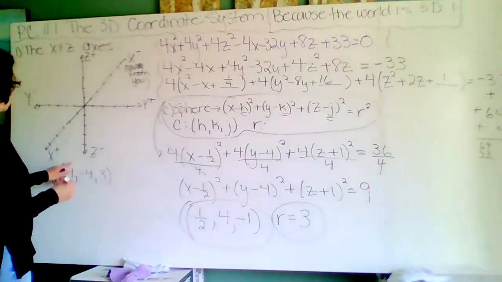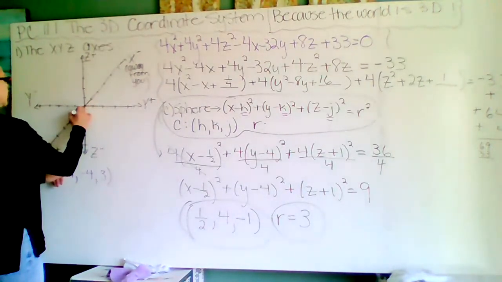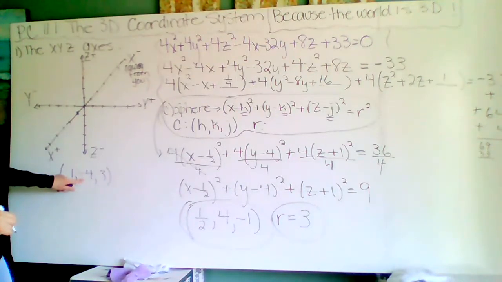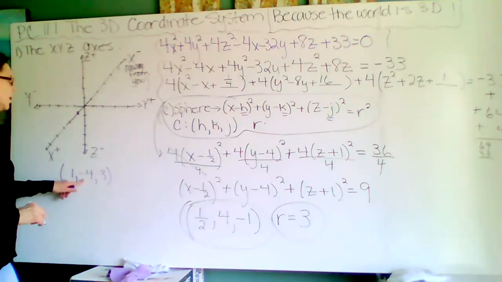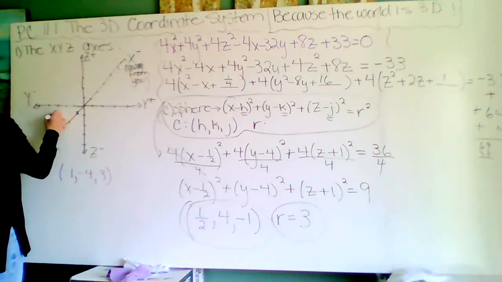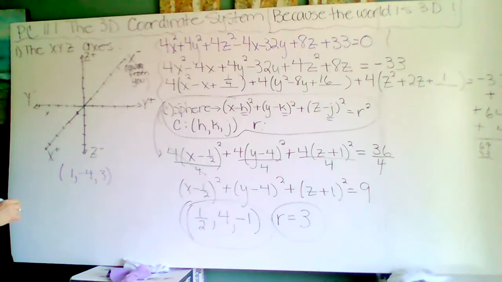So 1 would come forward on the x-axis. I am here right now. -4, so that will be to the left on the y-axis from where I am. So 1, 2, 3, 4, I am located here, right?